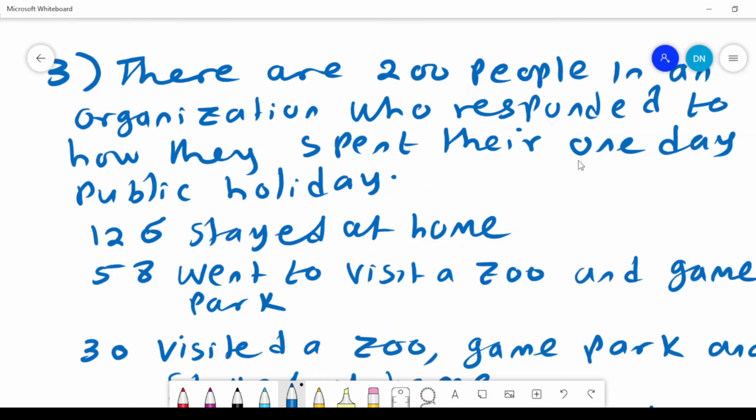In our next example, there are 200 people in an organization who responded to how they spent their one-day public holiday.